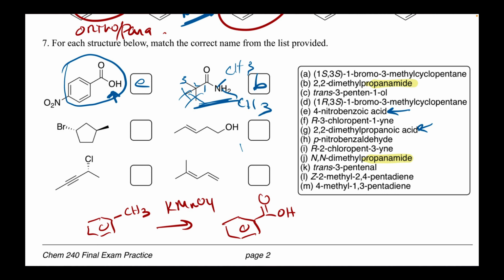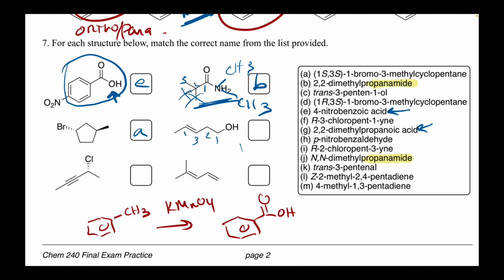The difference is just the stereochemistry. So, what would the stereochemistry be? 1S, 3S? 1S, 3S would be correct, yeah. So that would be A. See that okay? Hydrogen's coming up on the bromine.